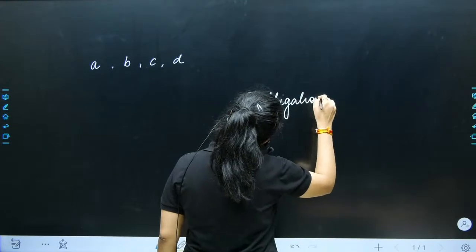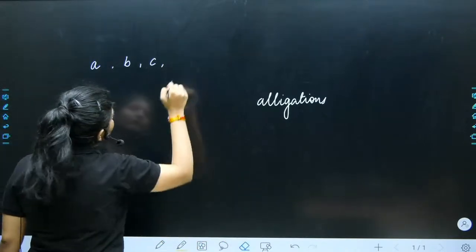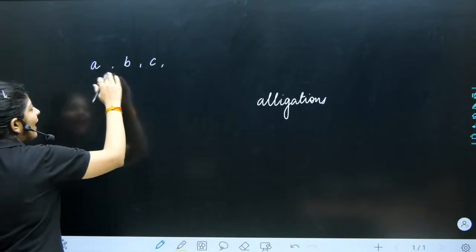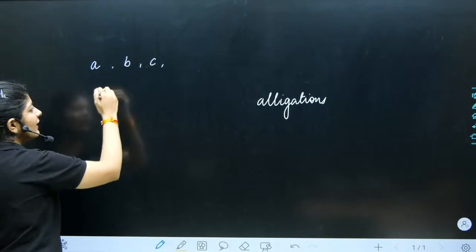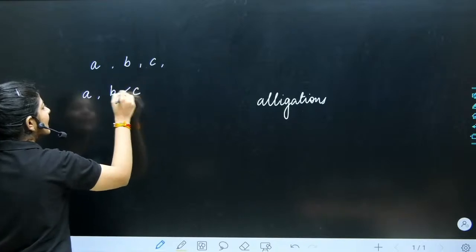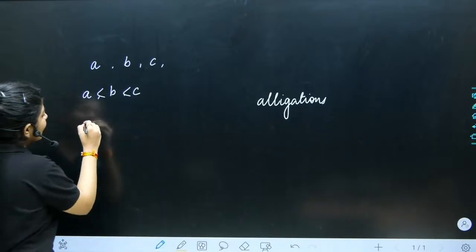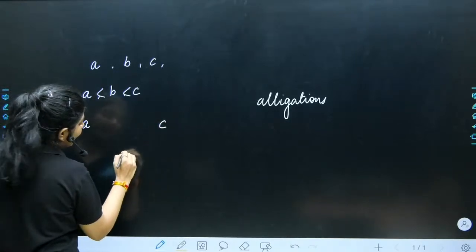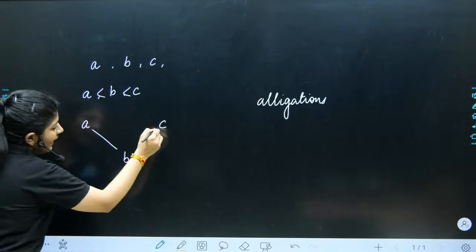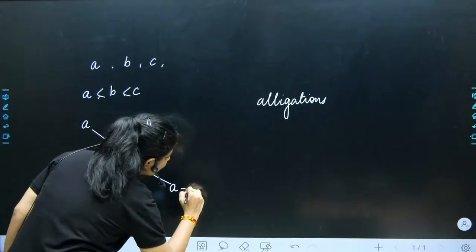If I'm just having three values, and I have to put allegations in these three values, the value of B should lie in between C and A. After that only I can put allegations over here, and I can write it as A, C and B. This middle value should lie in between this range. And I'll write it as B minus C and A minus B as my result.